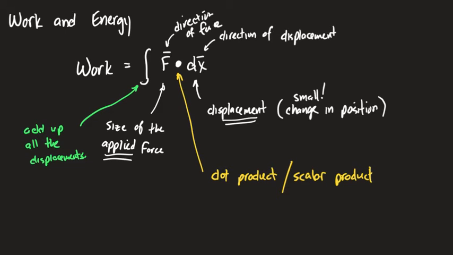Now, that's an easy thing to say. It can be harder in practice. But again, the scalar product is how much of the one vector is in the direction of the other. Now, I believe that this isn't a particularly challenging thing to understand.